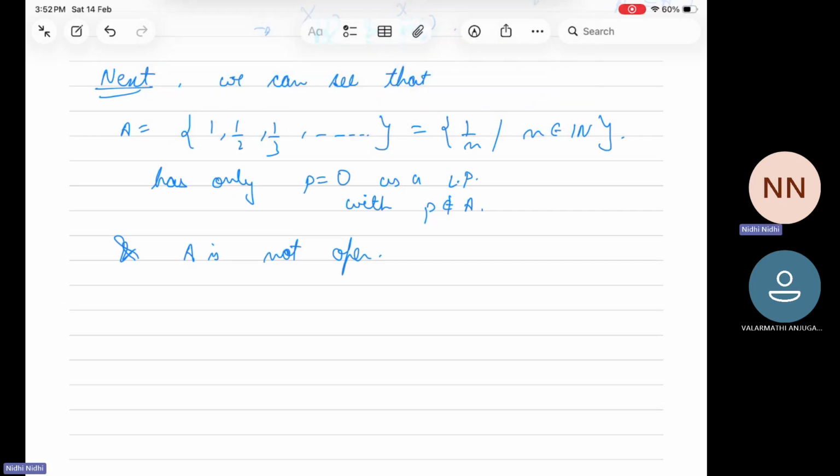A is not open because, I think there's some lag in my pencil. Because if A is open, then clearly 1, which belongs to A, should also be an interior point.